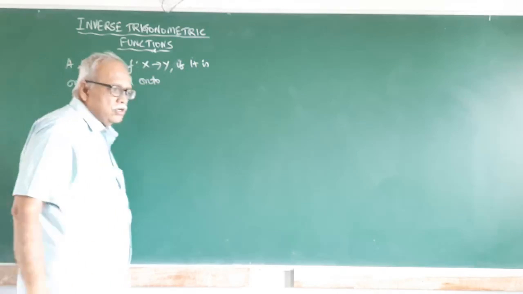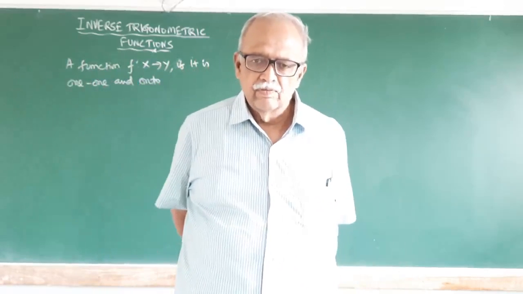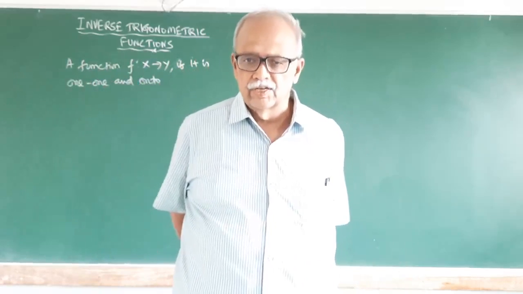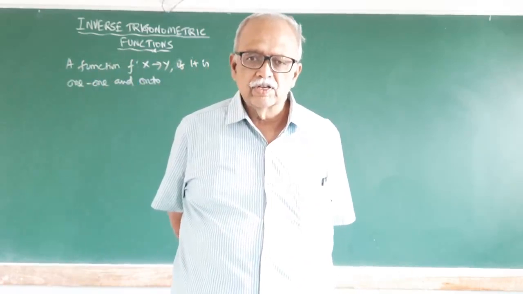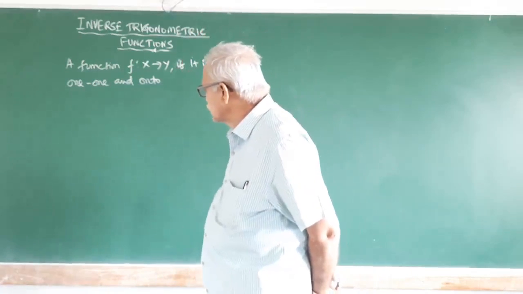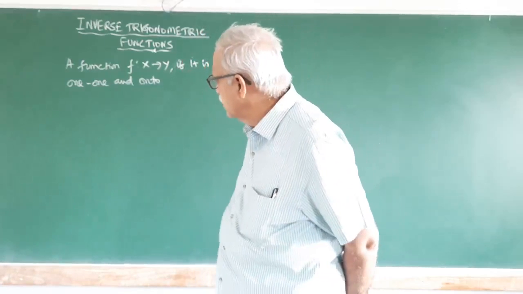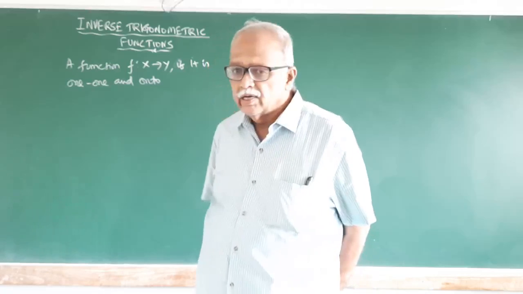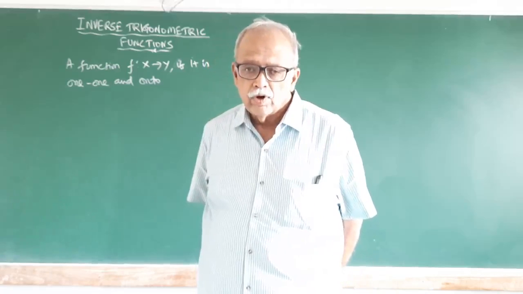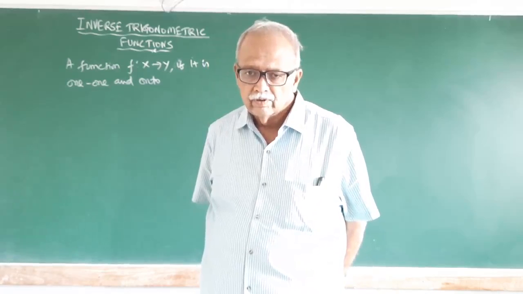So we should know what is a 1-to-1 function and an onto function. What is the definition of a 1-to-1 function? There is a correspondence: every element in the domain corresponds to only one element in the codomain.